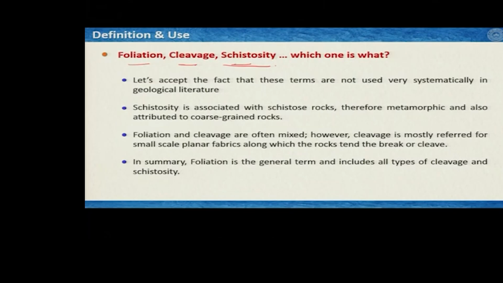So, if I assign the term schistosity to some planar fabrics, that means this must be a very coarse grained rock, and it must be a metamorphic rock.